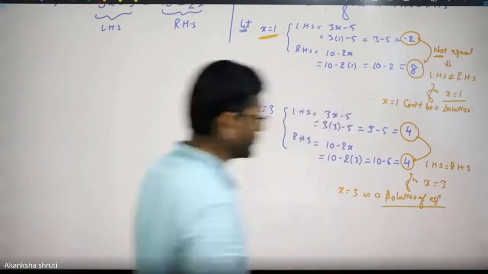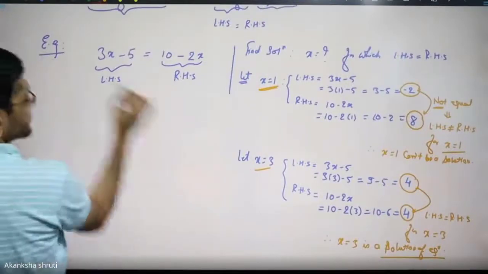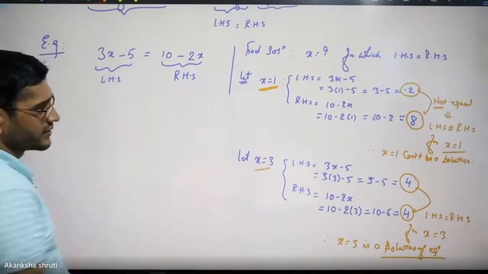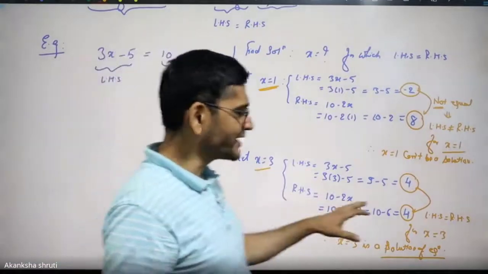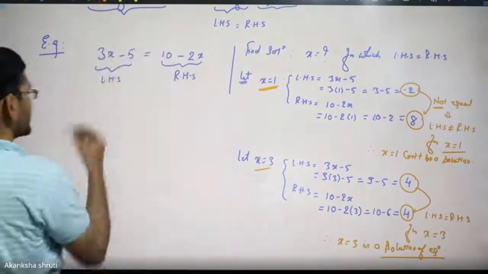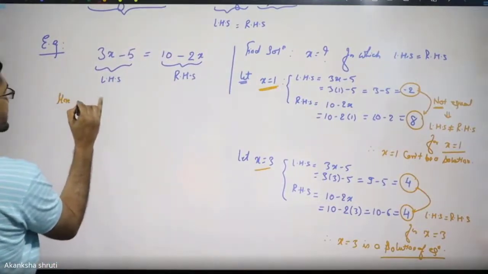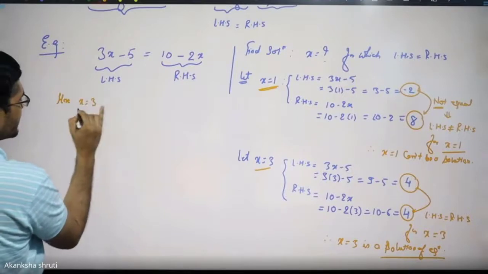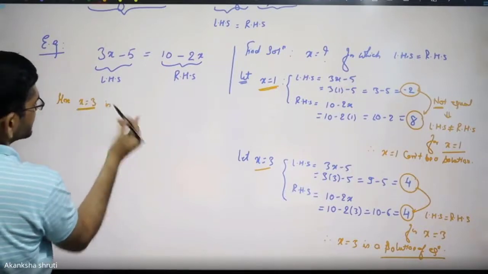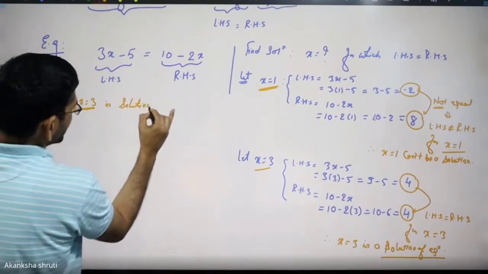So whatever the equation given, its solution is 3. From this trial method, assuming something and then verifying, it is called the method of trial. So here x equals 3 is a solution, you may write.